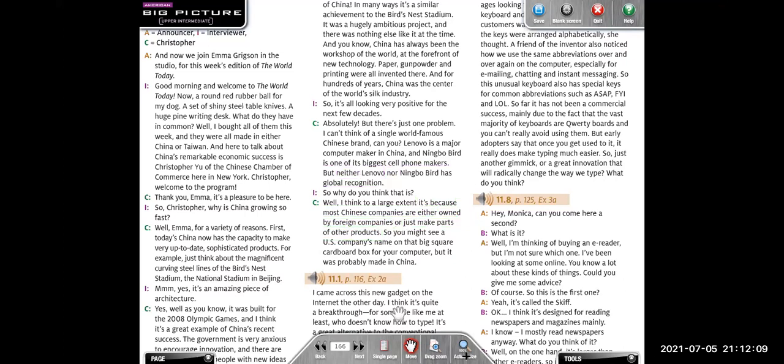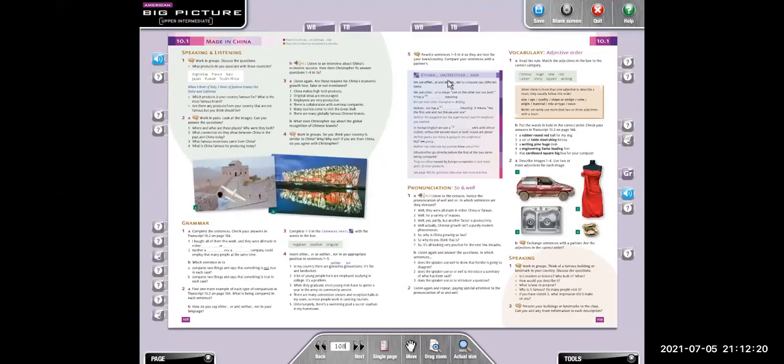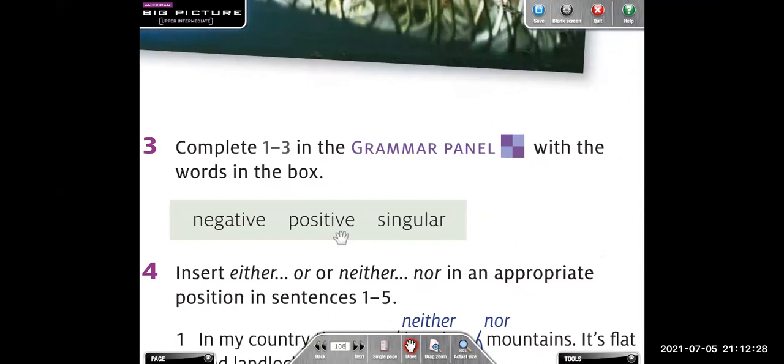Okay, let's go back to page 108 so we can continue with the grammar panel, okay? So, in exercise number 3 here, complete 1 to 3 in the grammar panel with the words in the box.